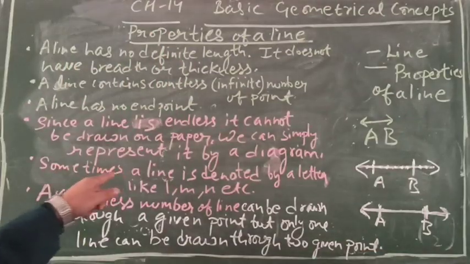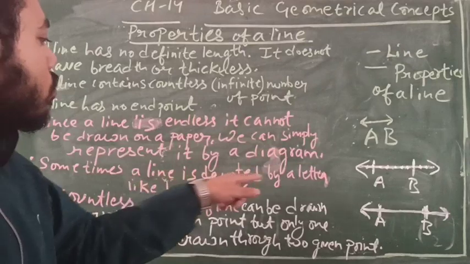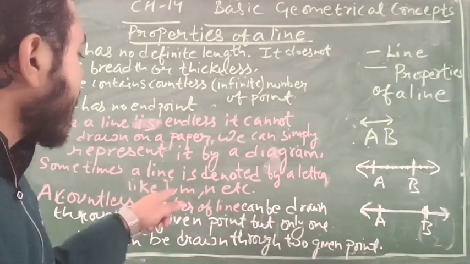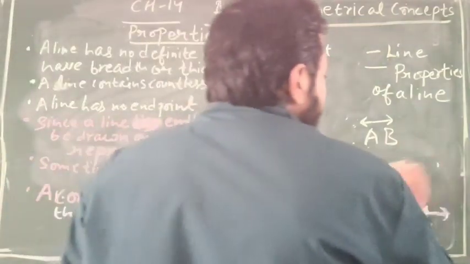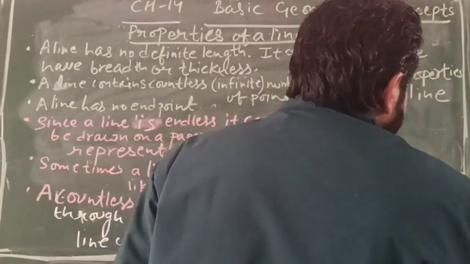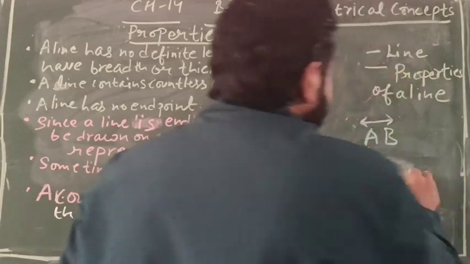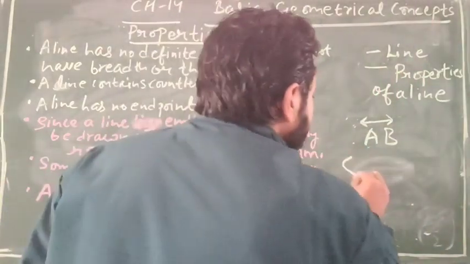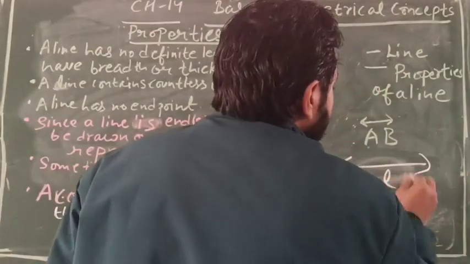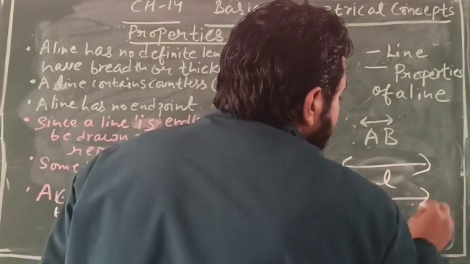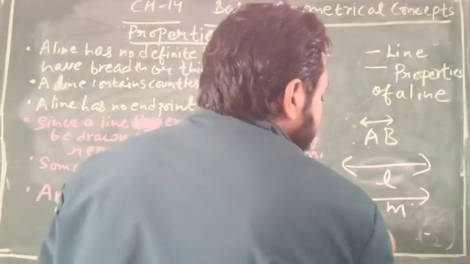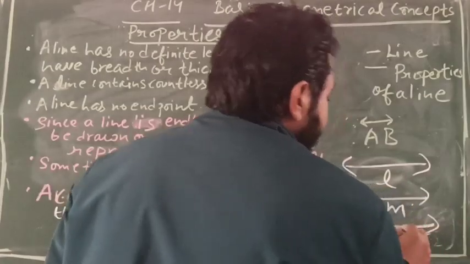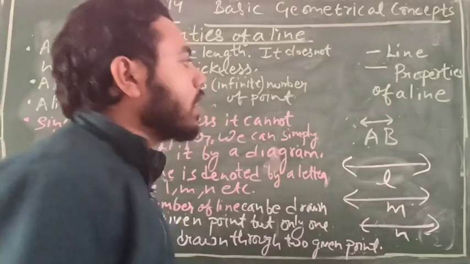Now sometimes a line is denoted by a letter like L, M, N, etc. In many cases you have seen a line L, line M, line N. So this is also a line.